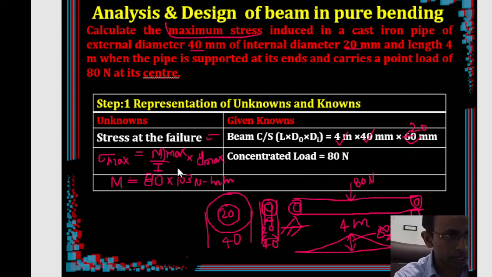So you are ready with one quantity. Then I, for a hollow circular section, the moment of inertia is pi by 64 times capital D to the power 4 minus small d to the power 4, or you can say DO, outer diameter, to the power 4 minus DI, inner diameter.